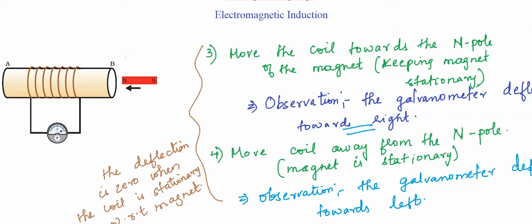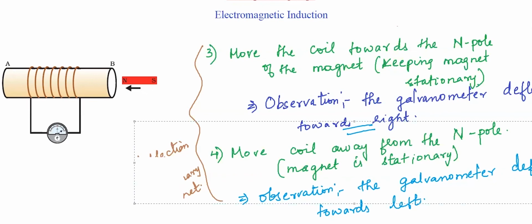For example, we can make this pole the south and this the north, and bring the south pole towards the coil as well as away from the coil. In those cases also, if the current flows in one direction one time, the second time it will be in the opposite direction. So this entire activity shows the phenomenon of electromagnetic induction.